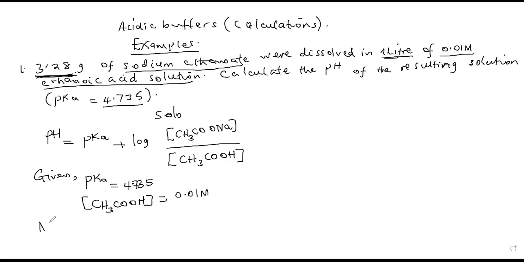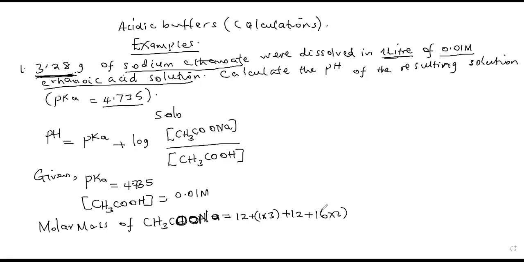So the molar mass of sodium ethanoate equals carbon 12, plus hydrogen 1 times 3 atoms, plus carbon 12, plus oxygen 16 times 2, plus sodium 23.